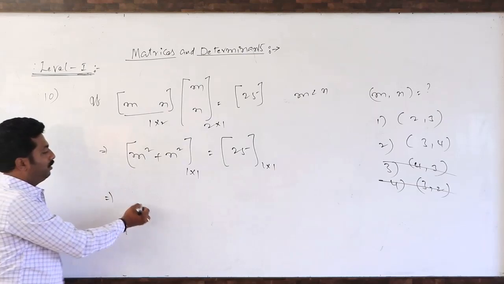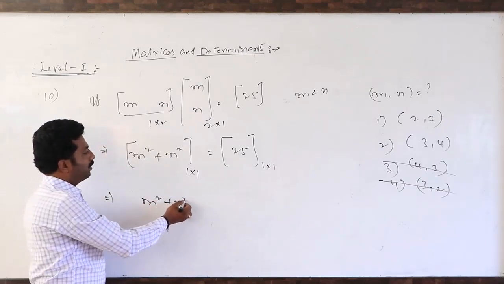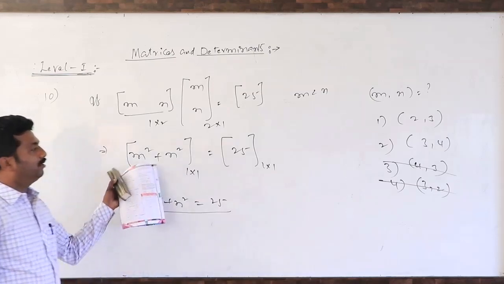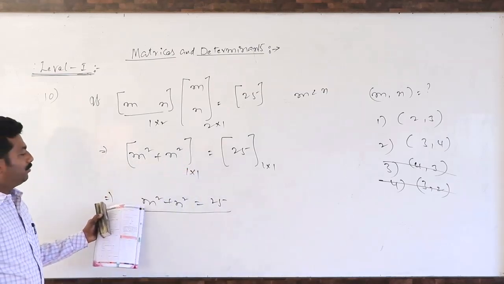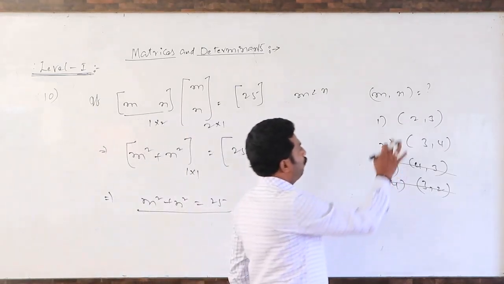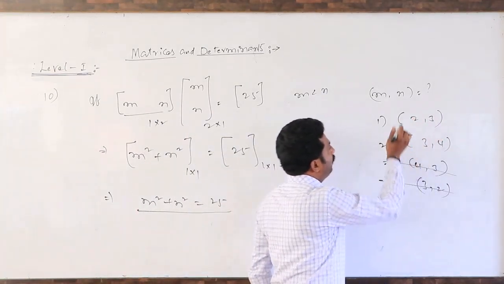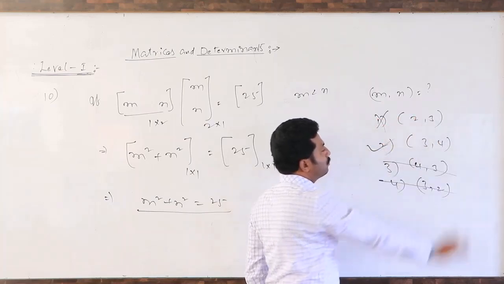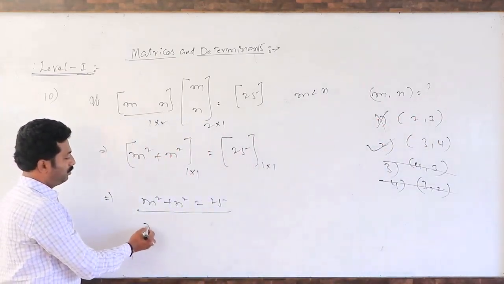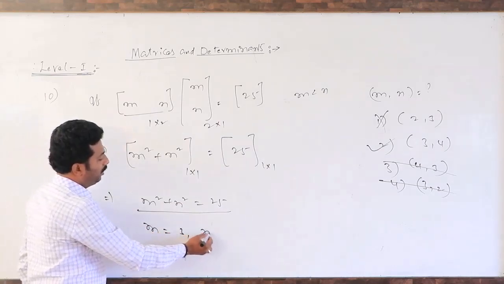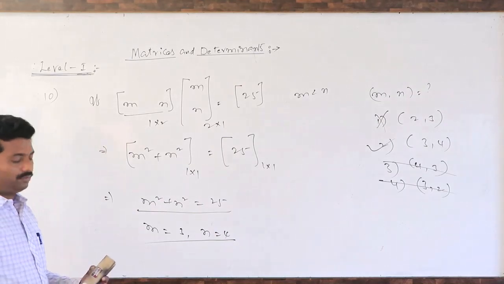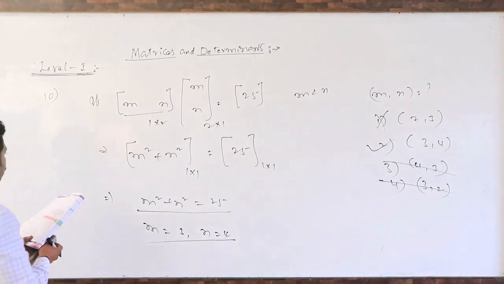So m squared plus n squared equals 25. Which is the possibility? 4 plus 9 is 13, this is the wrong option. Which option is correct? 9 plus 16. So m value 3, n value 4 is the possibility. Like that we have to answer. Next.